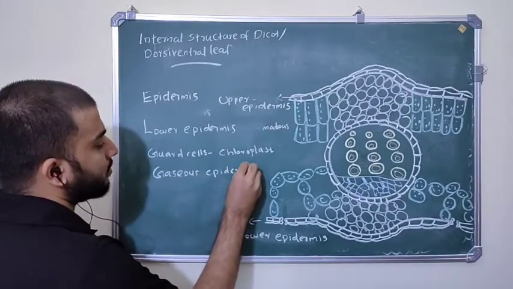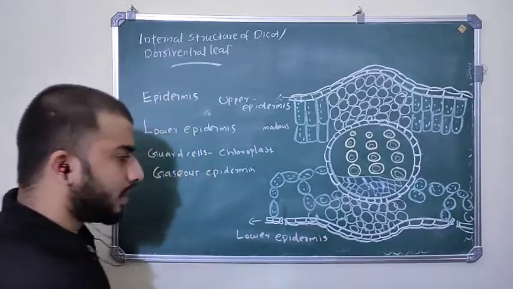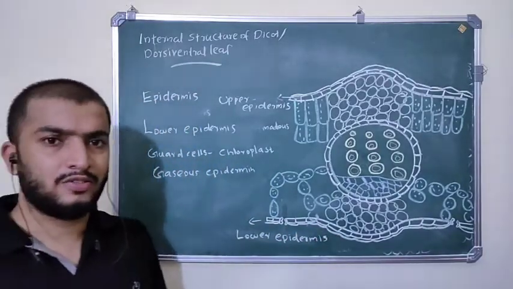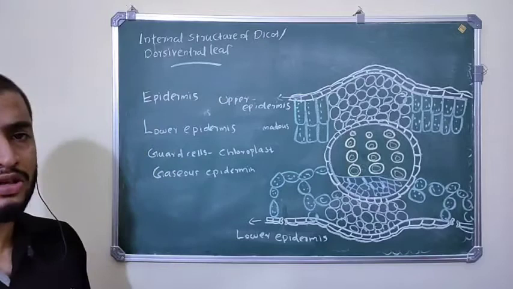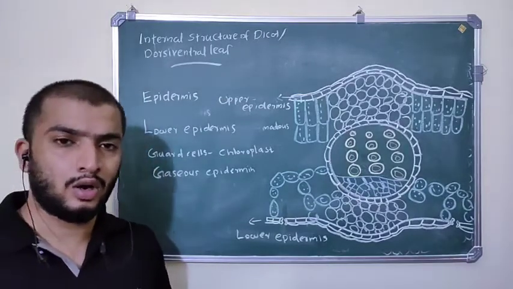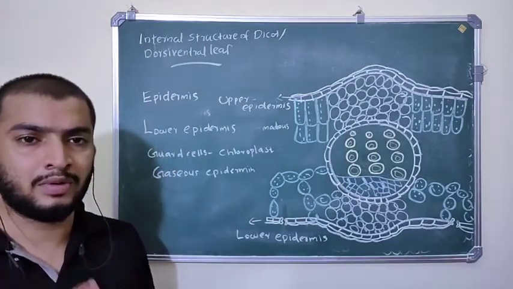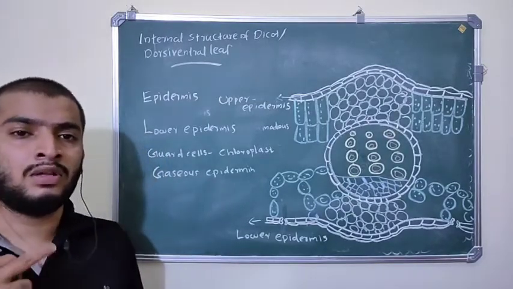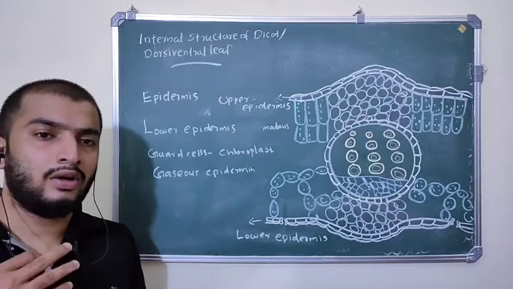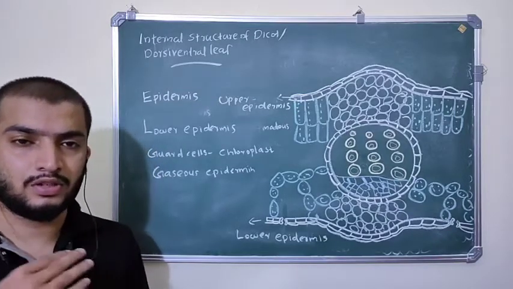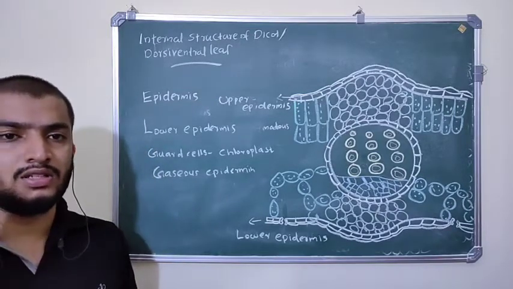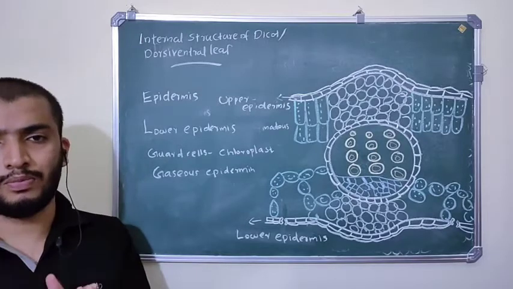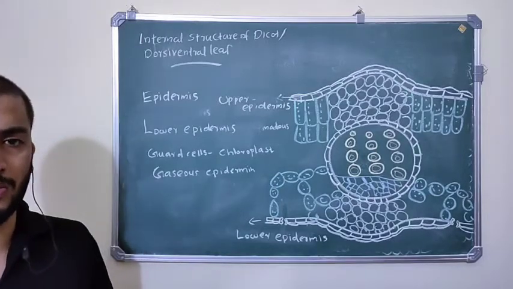The lower epidermis also has a cuticle; its cells are cuticularized with a thin cuticle. So these are the main points about the lower epidermis. It is made up of a single layer of parenchyma cells, thinly cuticularized, with more stomata present, and only the guard cells have chloroplast. Other cells do not.